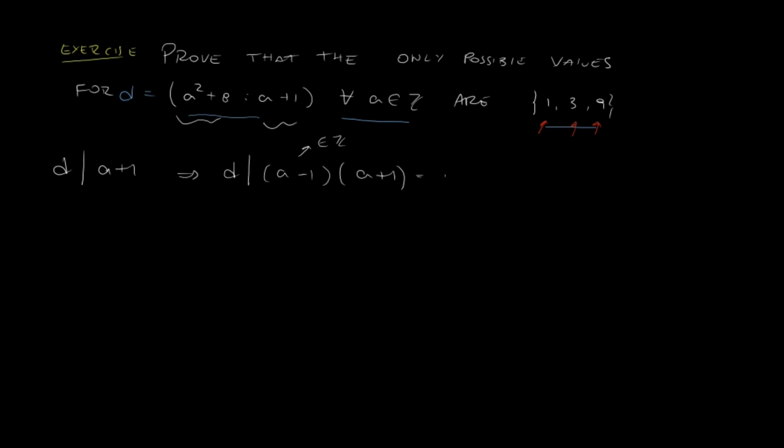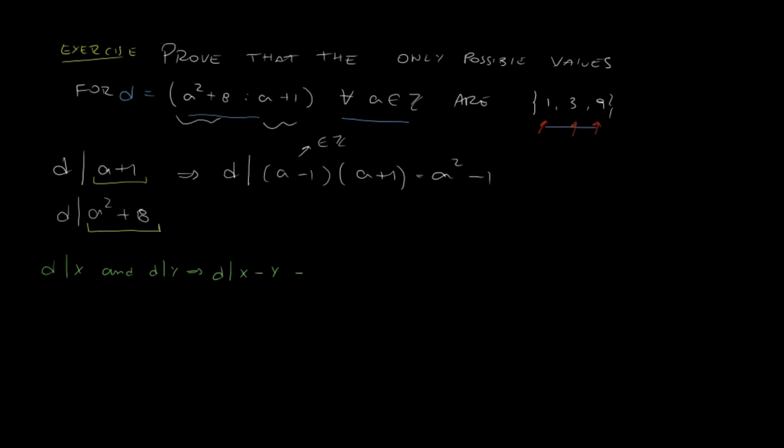And if we do this distribution, then we get that d will divide a squared minus 1. We also want to see what happens if d divides a squared plus 8. So if this is a common divisor between a plus 1 and a squared plus 8, then we saw in a previous video that when d divides x and d divides y, then d divides x minus y.